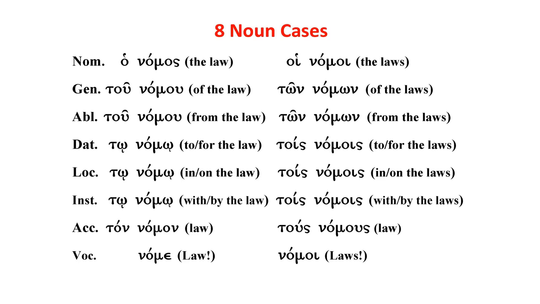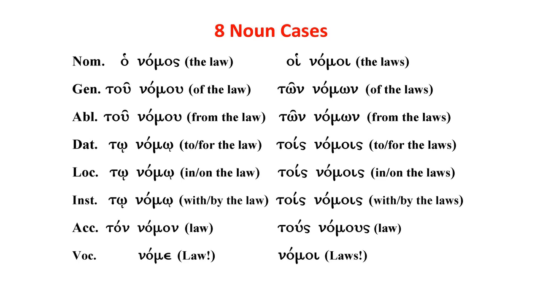If you were to see that expression, you would translate that to or for the law. That would be the pure dative sense. Or the other spelling that is identical to it right below it, it could also be translated in or on the law. Or in the instrumental sense, it could be translated with or by the law.